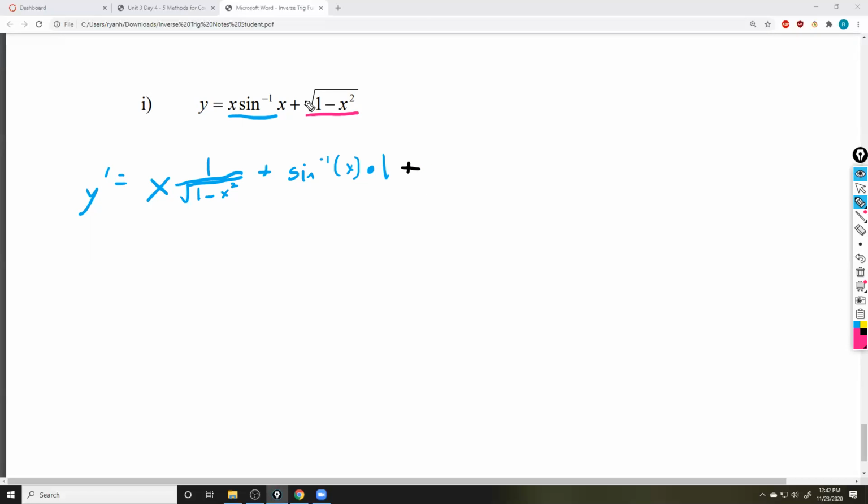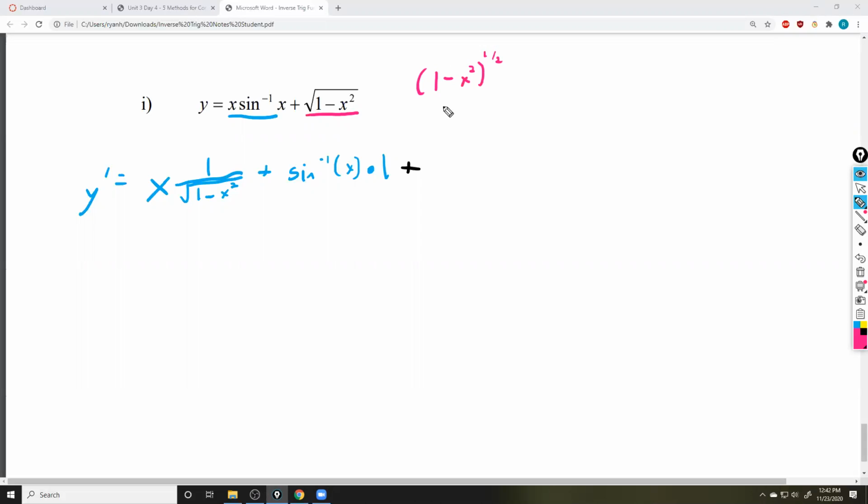I want the derivative of the square root of 1 minus x squared. Well, let's see. The derivative of the square root of 1 minus x squared, that's 1 minus x squared to the 1/2.